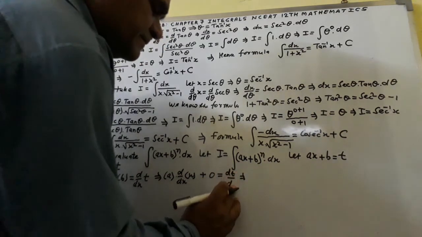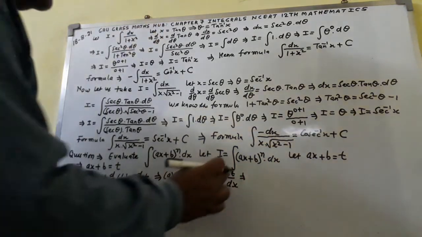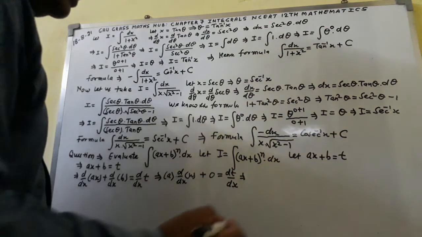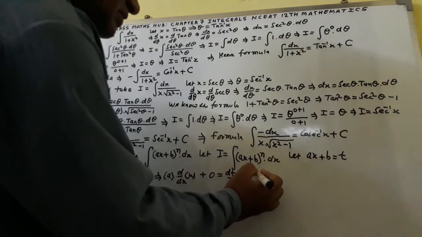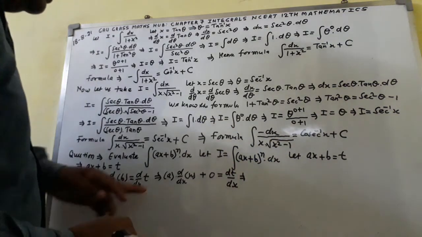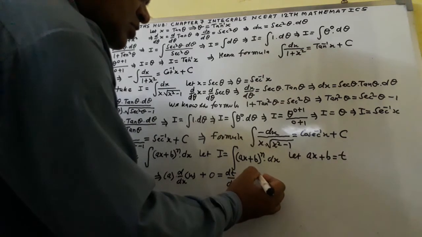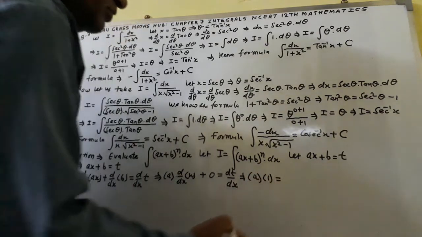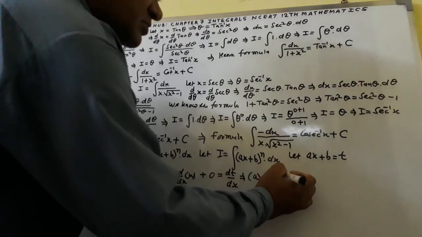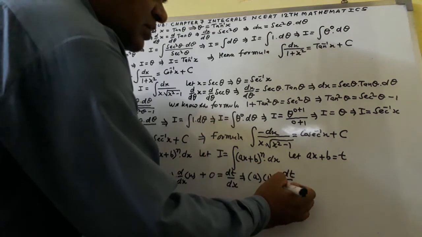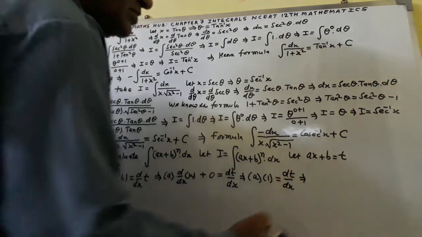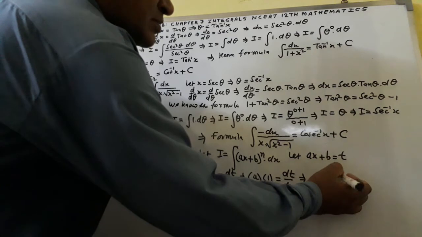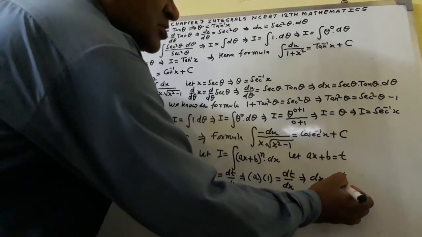We will get here, implied that a multiplied to d over dx of x comes out to be 1 equal to dt over dx. We will get here dt over dx, implied that dx equal to dt over a.